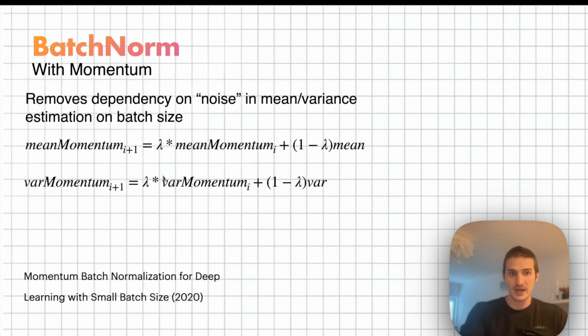And what the authors suggest is to add the momentum, which is like the historical average over several previous steps of the mean and the variance that is controlled by this parameter lambda here. So you can imagine that lambda is something in the 0 to 1 interval. If lambda is something like 0.9, that would mean that we multiply current momentum by 0.9, and then we add the new mean that we got on our newer batch with the coefficient of 0.1.